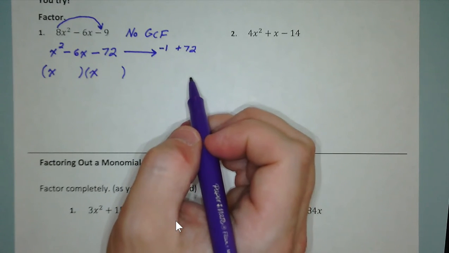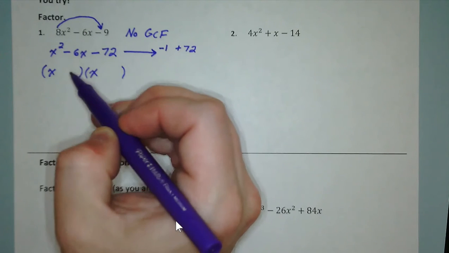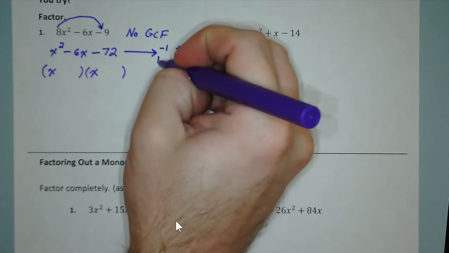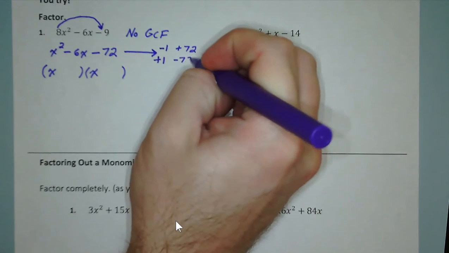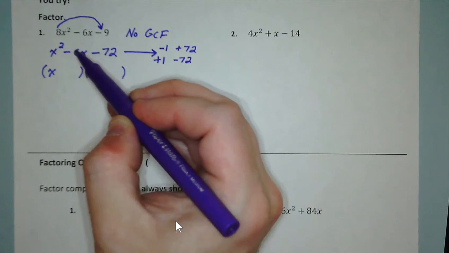Isn't it 71? Yeah, it's 71. We needed it to be -6. No, yeah, right here, -6. So this didn't work out. Even if you did +1 with a -72, it wouldn't work out. We need these numbers to also add up to -6.